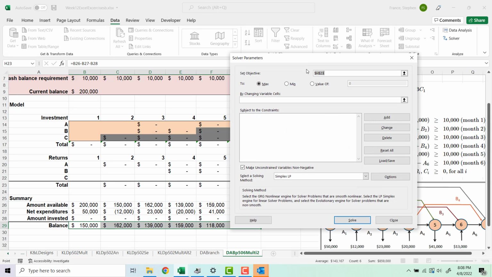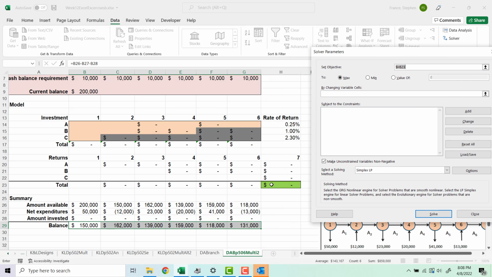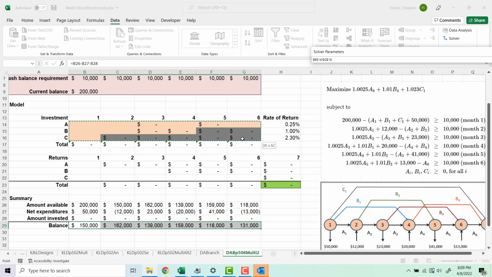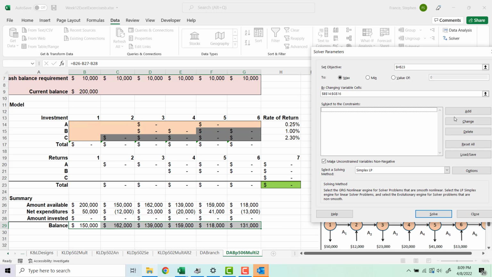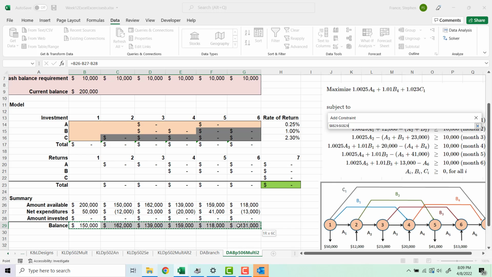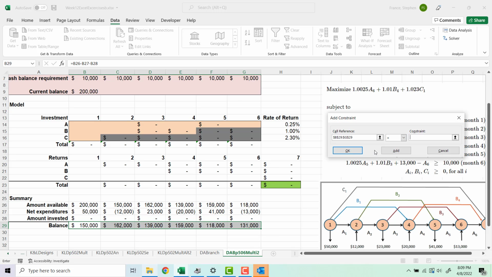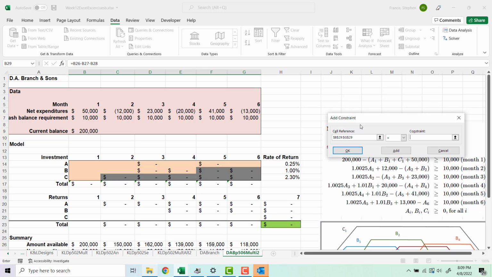So let's go to Solver. We're maximizing our return, which is here in H23, by changing these investment amounts, subject to the constraints that all these balances equal $10,000.